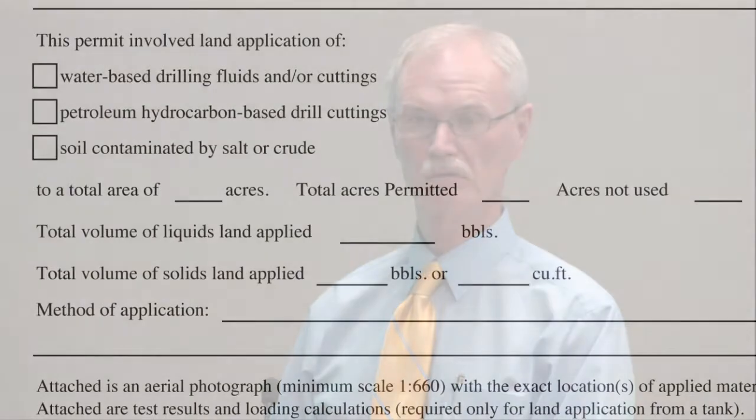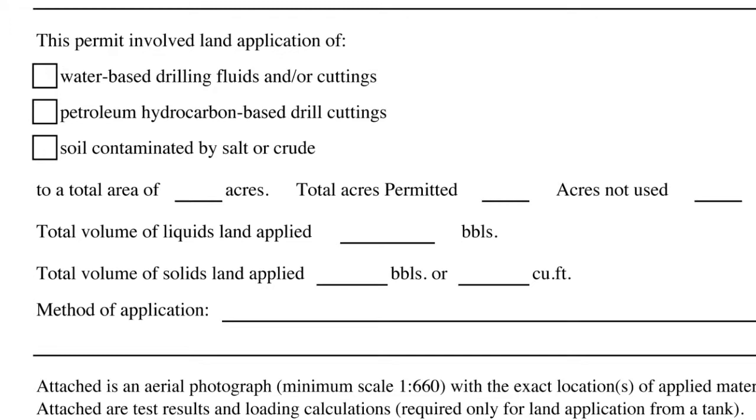They have to submit a map that indicates where they spread. They also have to put in the type of material, the number of acres that were originally in the permit, the acres that were used, the number in the pit and in the permit, and the number that were not used.